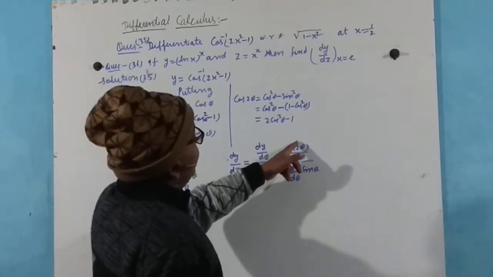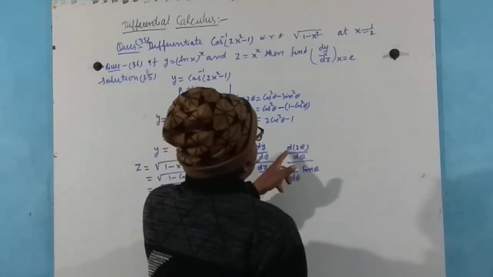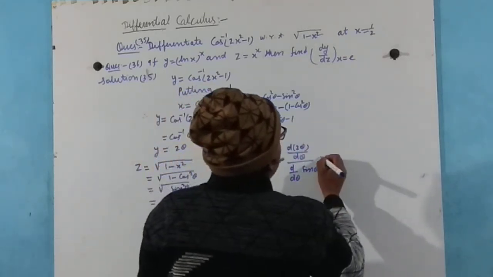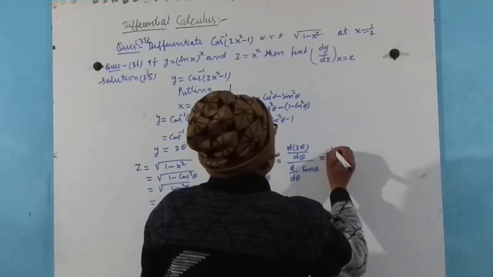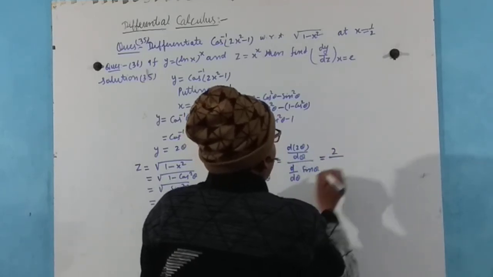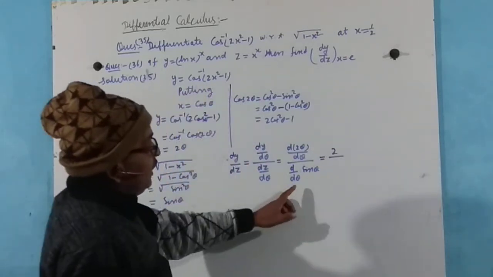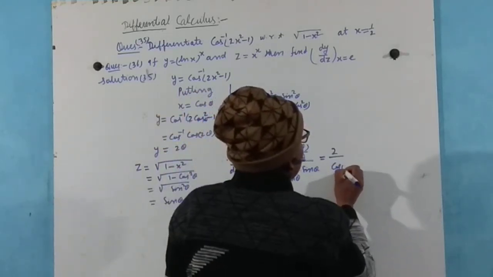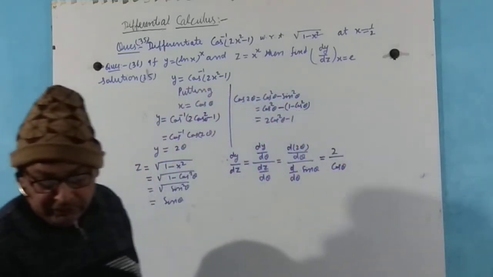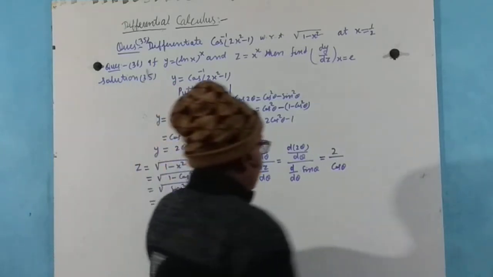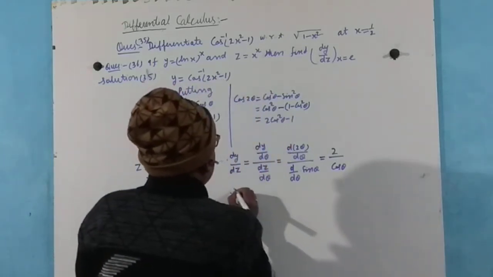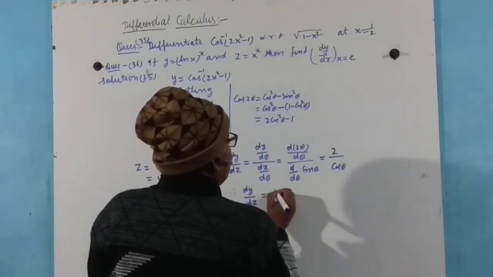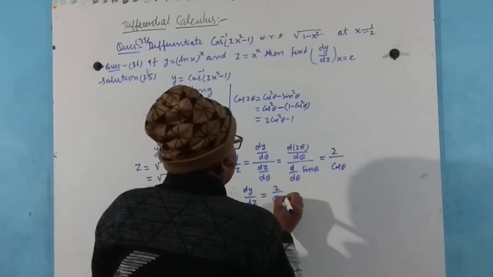Differentiation of this: 2 is a constant, comes out, and d theta by d theta is 1, so 2 divided by the differentiation of sin theta with respect to theta, which is cos theta. This is equal to 2 by cos theta, so that dy by dz equal to 2 by cos theta.